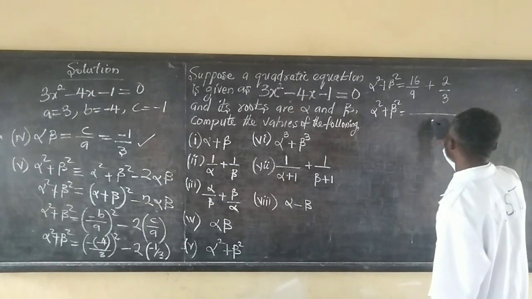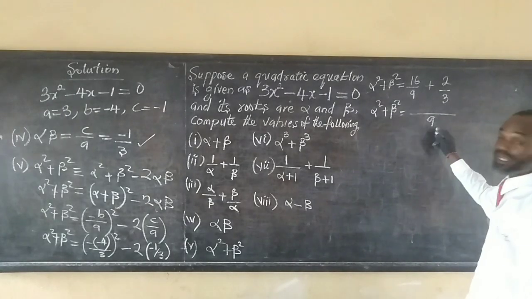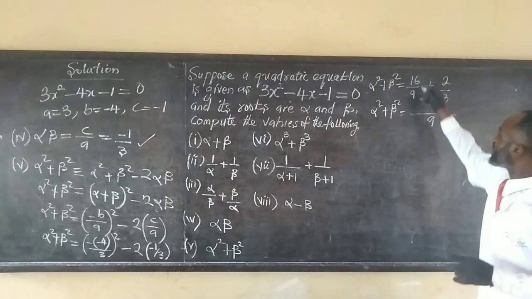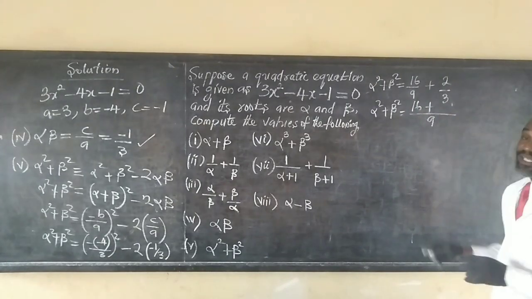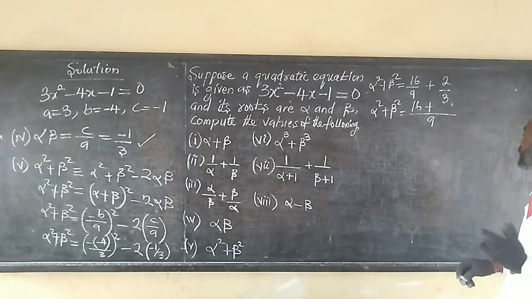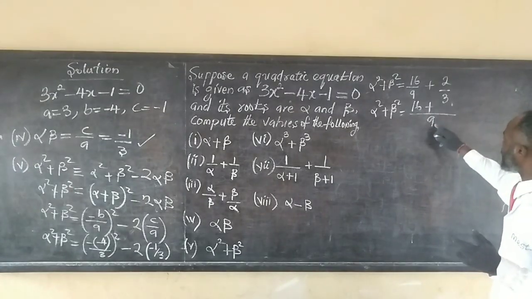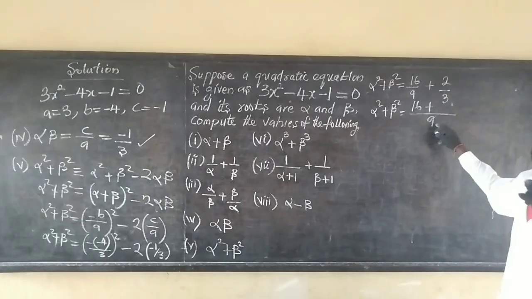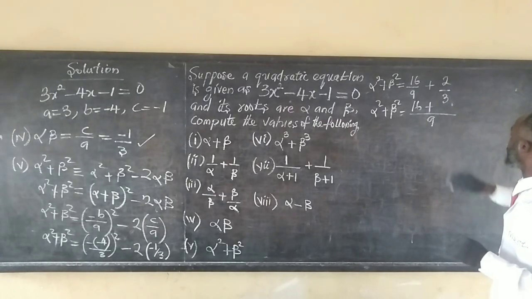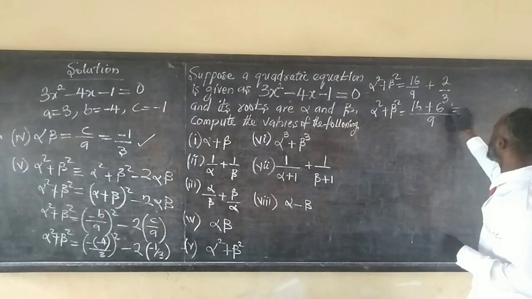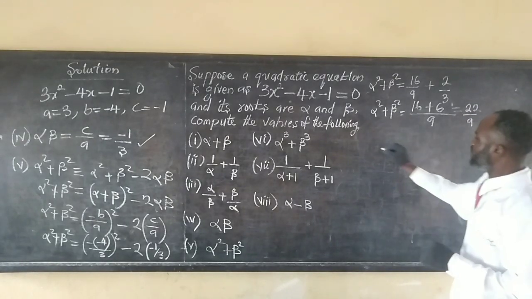LCM here is 9. 9 against itself is 1, 1 times this is 16. And then 3 against 9 is 3, 3 times 2, we get 6. Yes, 6. And this gives 22 all over 9.